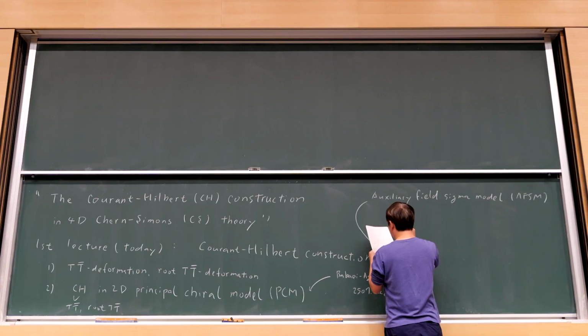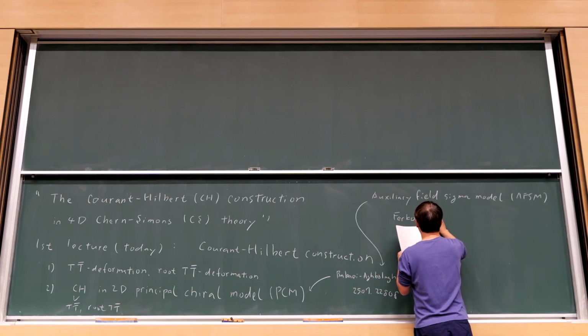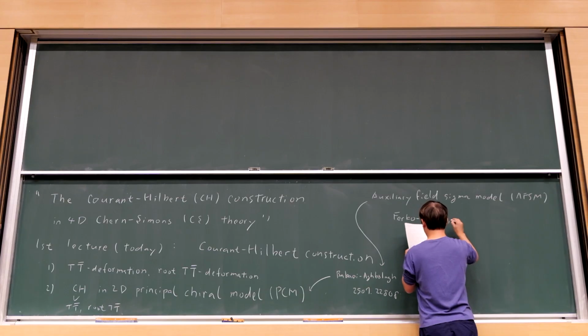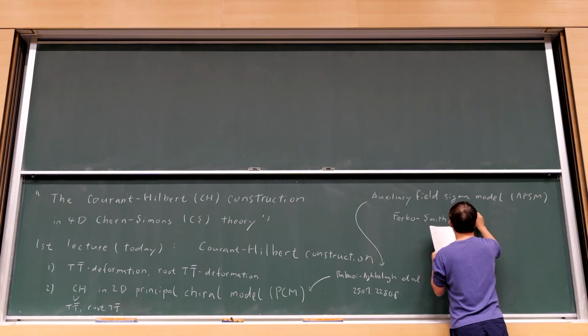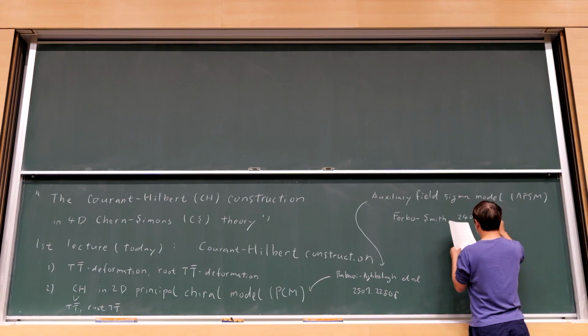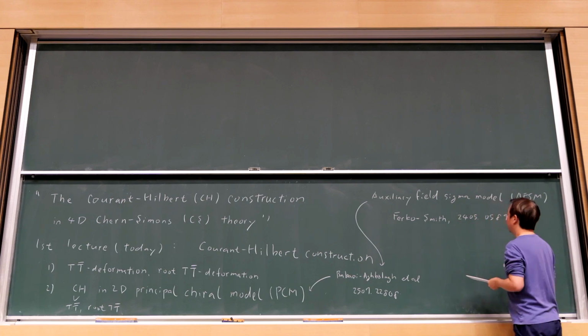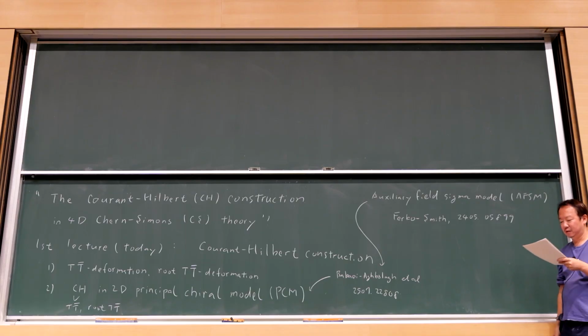This was invented by Ferko and Smith last year. This auxiliary field sigma model was proposed as an integrably deformed principal chiral model.